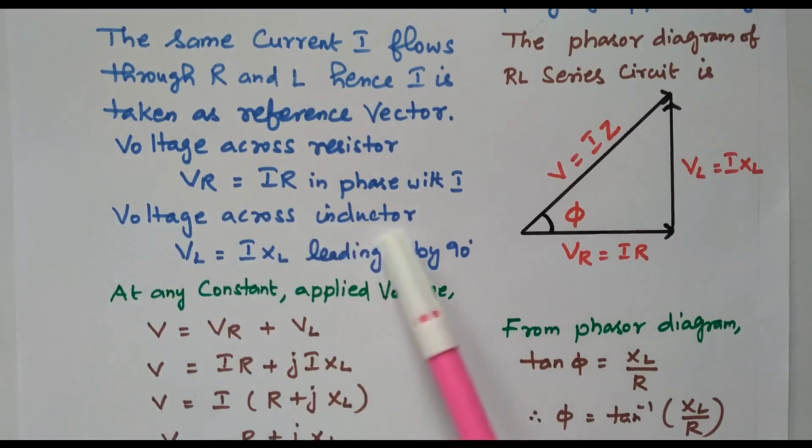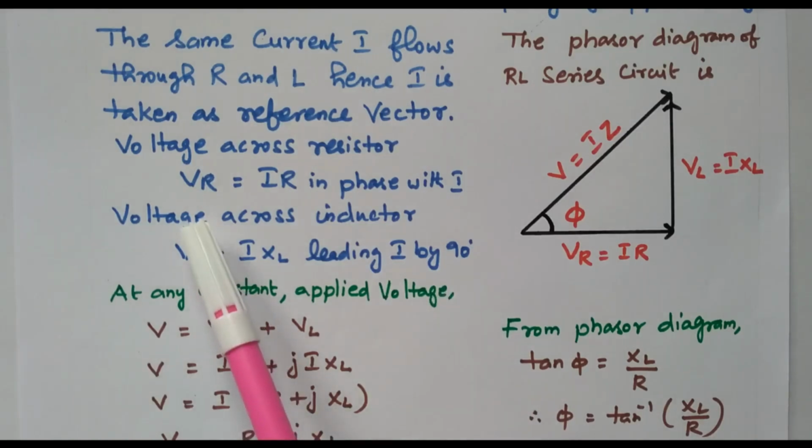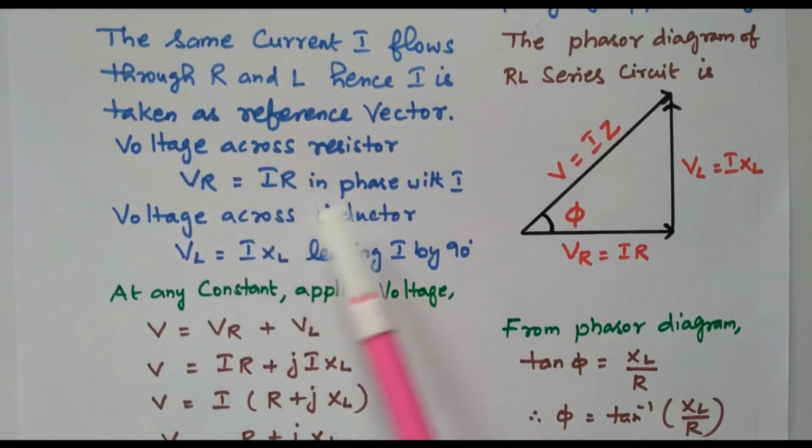Similarly, the voltage across the inductor VL equals I into XL, where XL is the inductive reactance. For an inductor, the current is lagging. It means the voltage is leading the current by 90 degree.